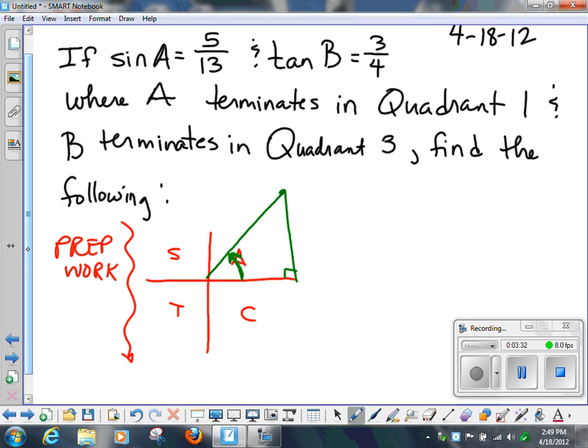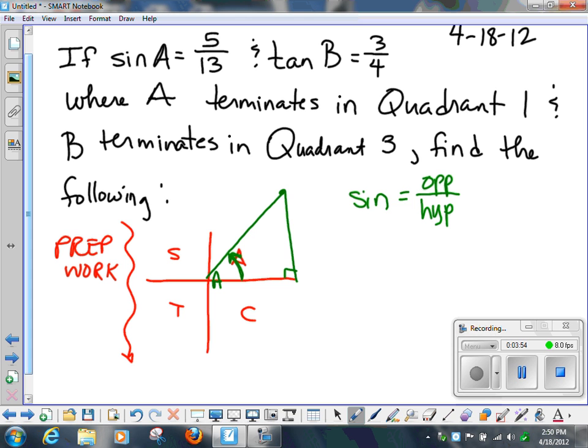All right. So there's angle A right here. Sine is 5 over 13. Sine is some old horse. It's opposite over hypotenuse, isn't it?